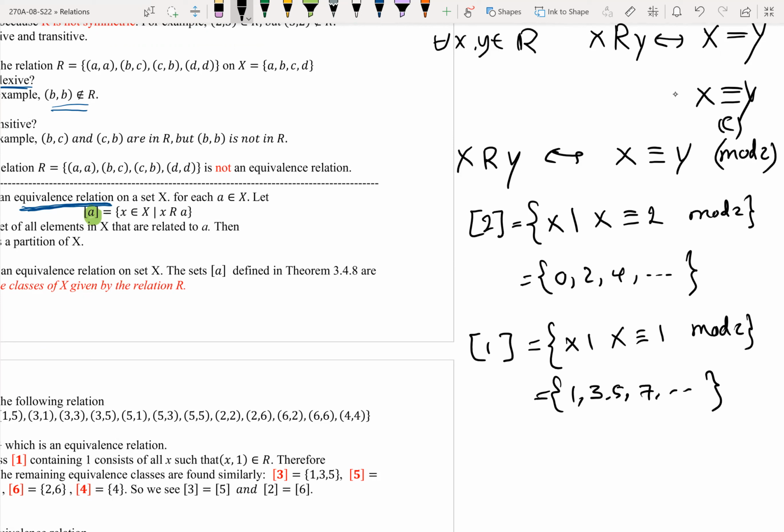When you're talking about dividing by 3, you have the class of 0 remainder, the class of 1 remainder, and the class of 2 remainder, and that's it. So the integers are divided into 3 classes. Either they have remainder 0, 1, or 2. So by definition of being an equivalency relation, we then have classes of equivalency, okay?